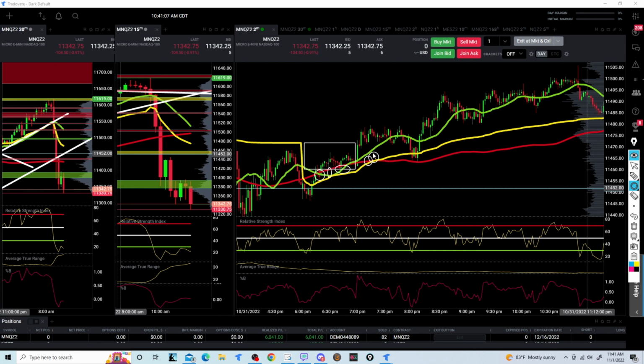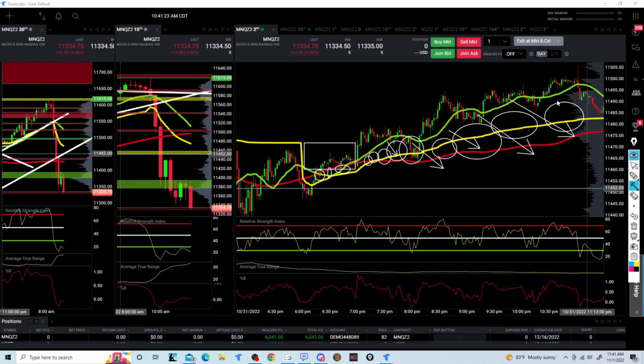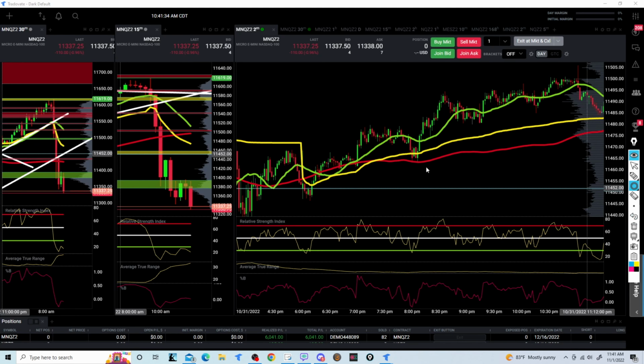Once it starts widening out and you get space, that's when you can start trading the 20 period moving average, because it's getting bigger and it's going away from the 200 period moving average.